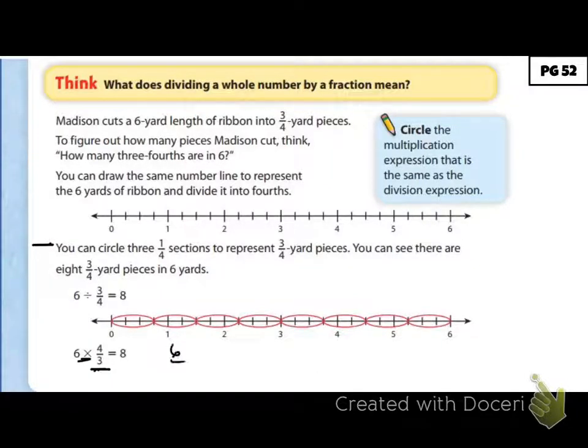So this is the same as 6/1 times 4/3, which equals 6 times 4 straight. You're just going to multiply straight across. It's 24, and then 1 times 3 is 3. Well, 24 divided by 3 is 8, and that's how they got their answer.